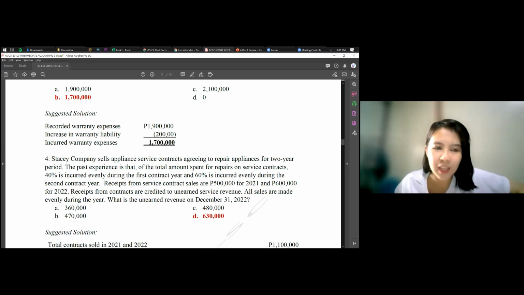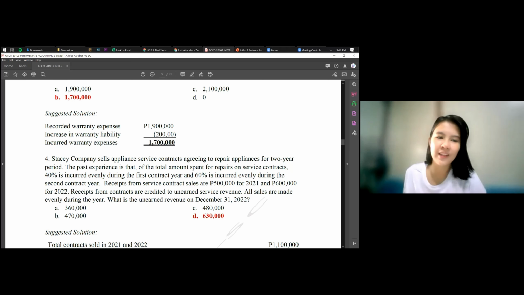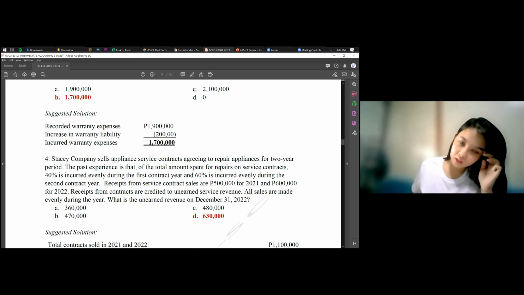And nandiyan na naman tayo sa incurred evenly during the period. So, we'll apply the box method na na-discuss natin kanina. So, receipts from contracts are credited to unearned service revenue, of course. All sales are made evenly during the year. And that is our basis. So, ang tanong is, anong unearned revenue on December 31, 2022?